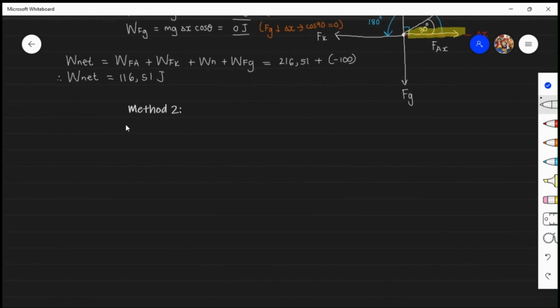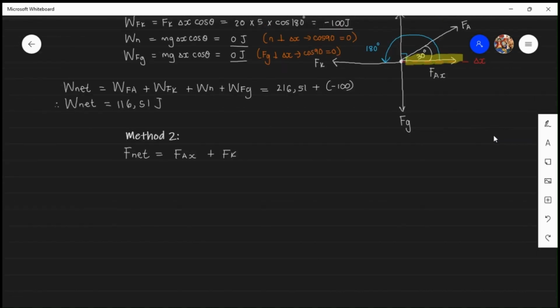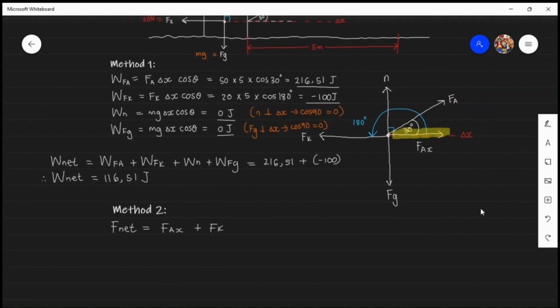Our formula is F net equals, now the only two forces that we have acting in the horizontal plane is our horizontal component of applied force plus our kinetic friction. Now we need to decide which is going to be positive and which is going to be negative.